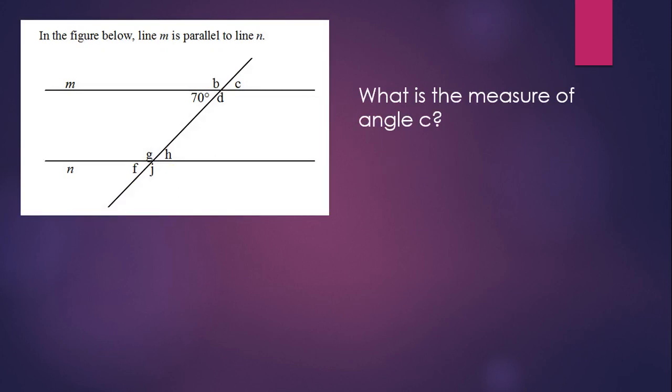What's the measure of angle C? Well, angle C and the 70-degree angle are vertical angles, and since vertical angles are always congruent, the measure of angle C is 70 degrees. What's the measure of angle H?